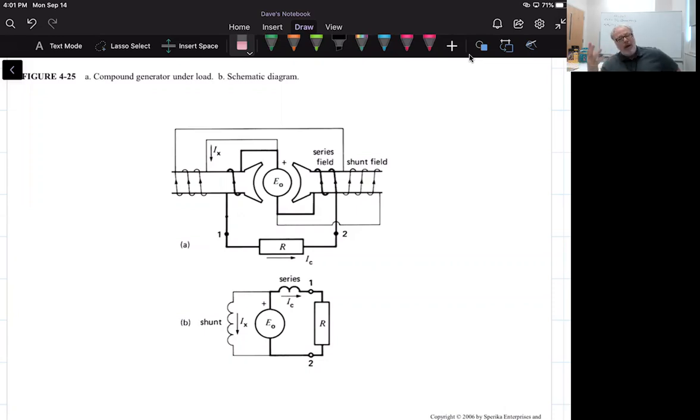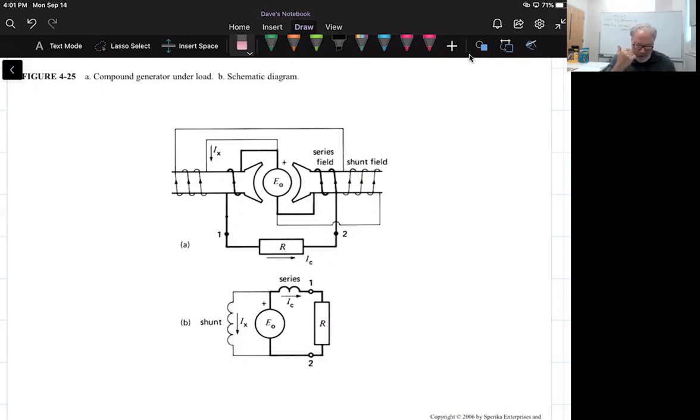The load increases, the current increases, that terminal voltage would decrease because of that. And so these current variations correspond to changes in the terminal voltage, and it could cause things like lights to flicker and so forth. So a compound generator changes all that.